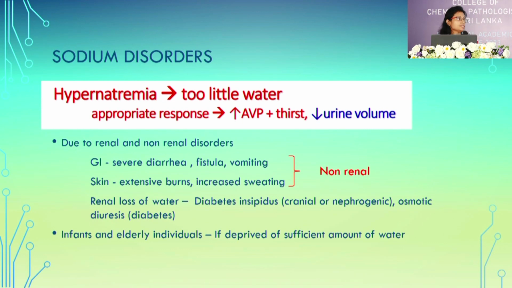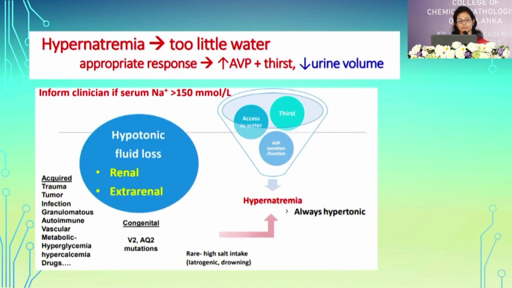Remember, infants and elderly individuals are prone to get hypernatremia if they are deprived of sufficient amount of water. The high salt intake can also cause hypernatremia. That is rare actually, but you might see patients with hypernatremia when they are given hypertonic saline, like 3% saline, or when they are on IV sodium bicarbonate.